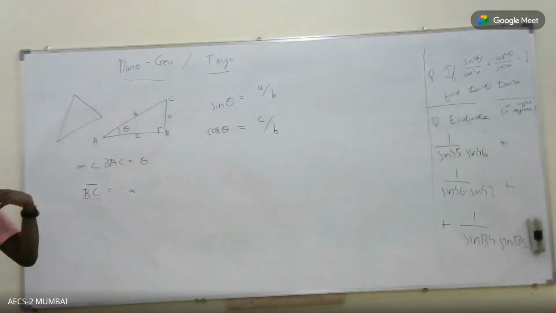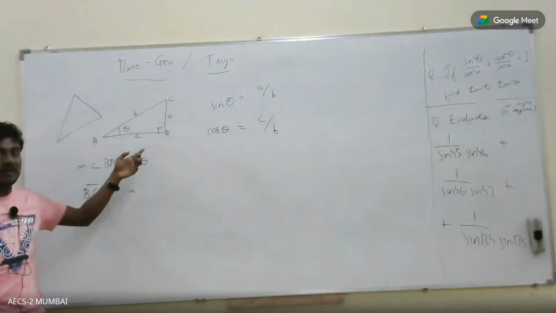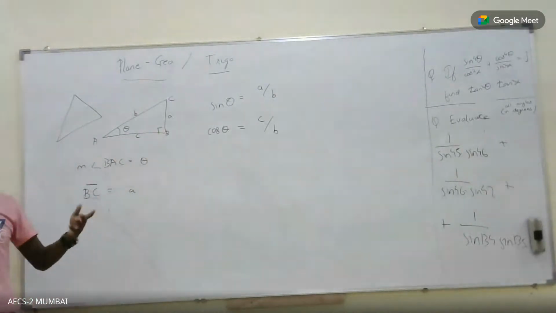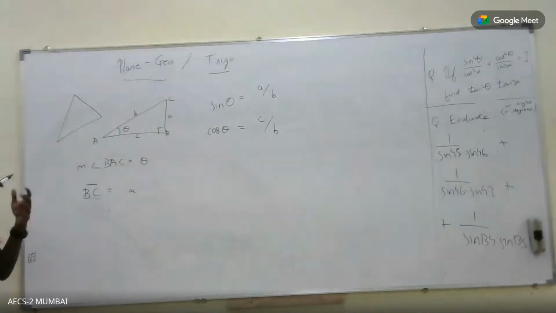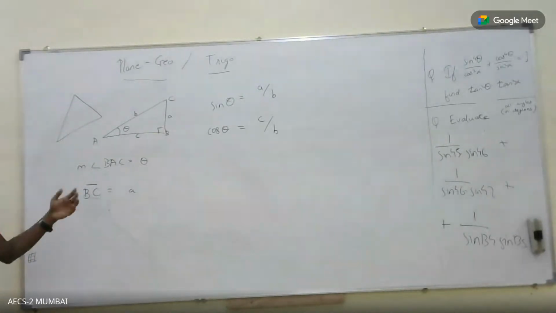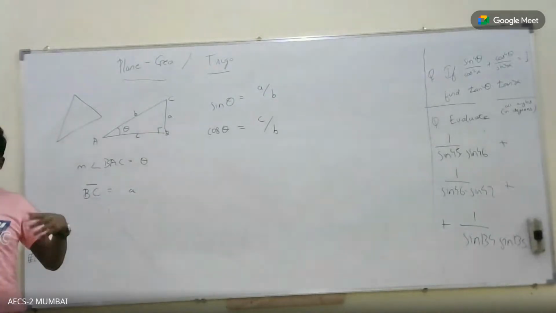Why is that? Because every triangle which has one angle theta and the other angle 90 will be similar. By which criterion? Right, AA property. That is, if two angles of two corresponding triangles are equal, then they are similar and the ratio of the sides is equal.